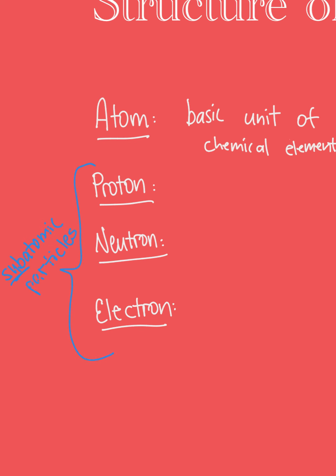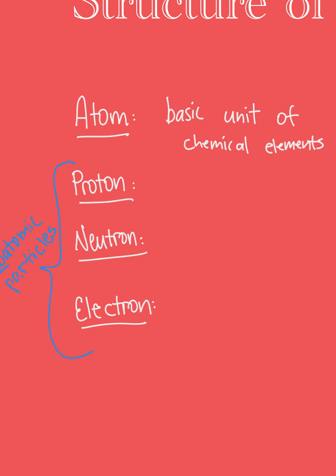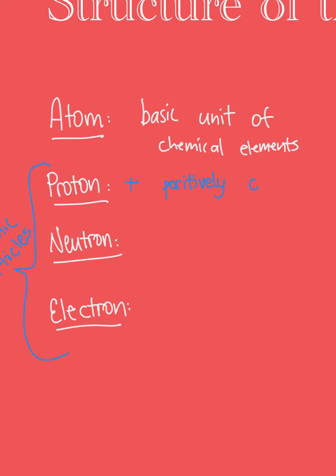Okay. The proton is the positive, so I'll put a plus there. Positively charged. It is positively charged subatomic particle. The neutron is going to be neutral, so this is a neutral charged particle.